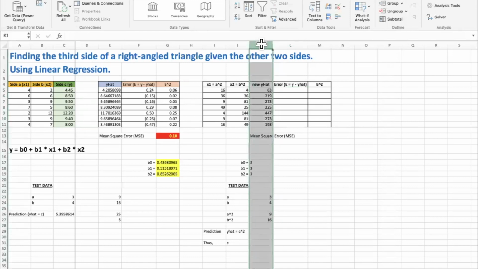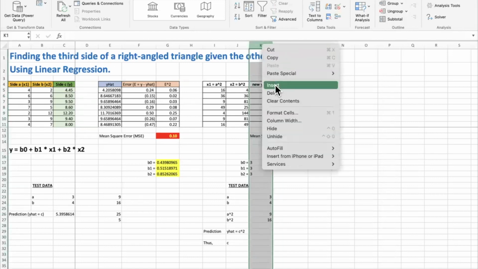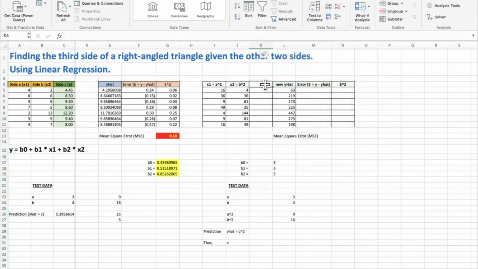Before we can find the error, we need to find c square. So I will insert one more column here, this is y is equal to c square. So let us find out c square. C square is nothing but this raised to the power 2. Now let us copy this across. So we have got c square also.